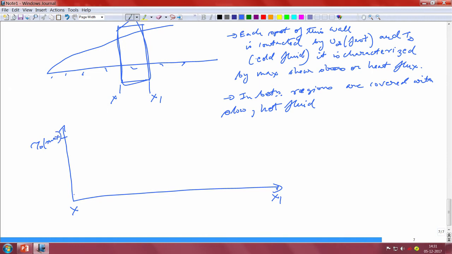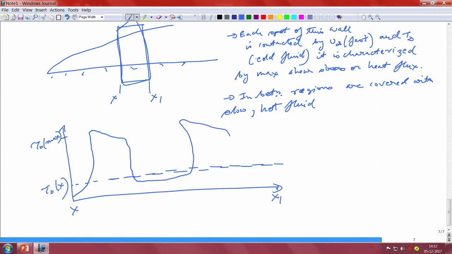So, what happens is that this is basically your tau naught wall, tau naught x, some kind of an average quantity. So, you see that it goes up like this, it comes down, then it goes up, and then again something like this. So, it reaches up to that particular level, and each of these coverage areas is given by L.